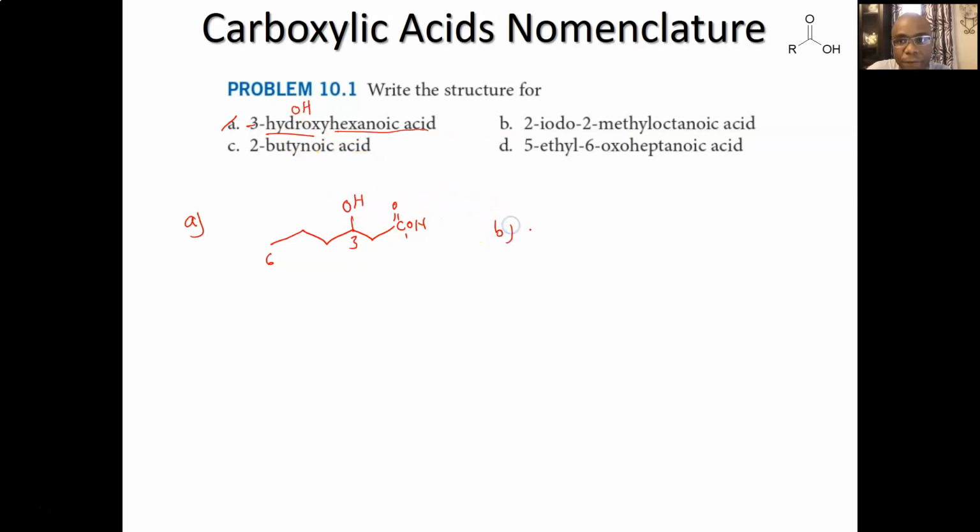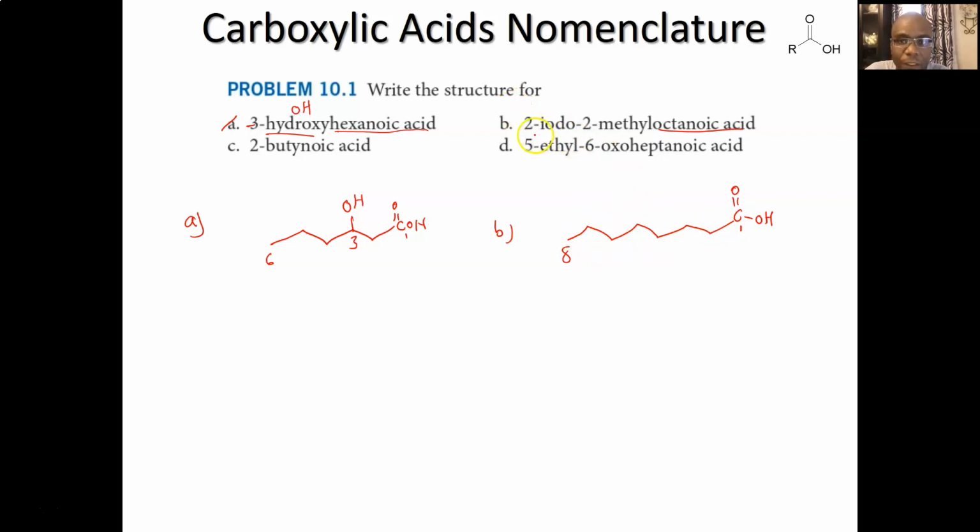Okay. B, 2-iodo-2-methyloctanoic acid. I mean, this carboxyl group could also be on your left, but I just adapted writing it on the right for some reason. So it's octanoic acid, including this carbon. I should have 8 carbons on the longest chain. 1, 2, 3, 4, 5, 6, 7, 8. So this should be carbon 8.